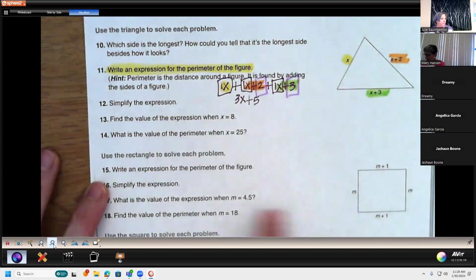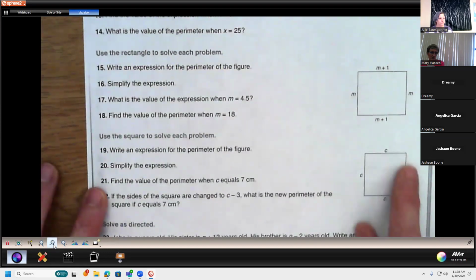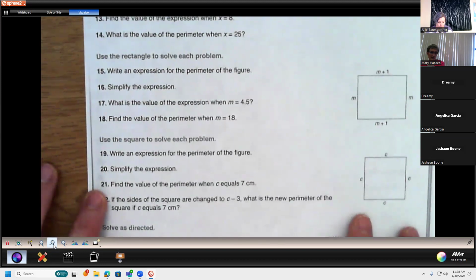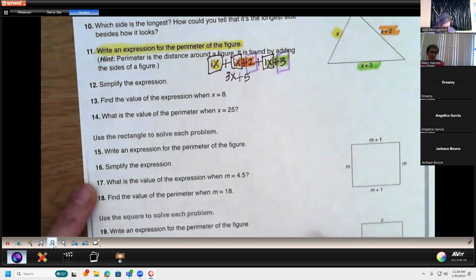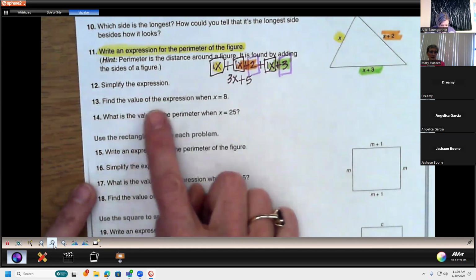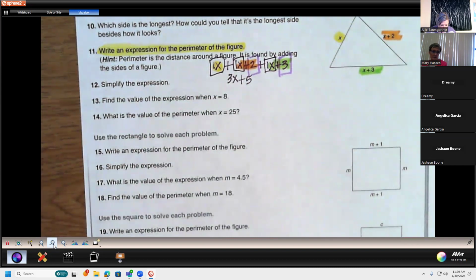It's going to ask you to do very similar things with this rectangle here and then the square here, utilizing the information that's given to write an expression, to simplify the expression, and then to find the value of the expression when you have a certain value of your variable, your letter.